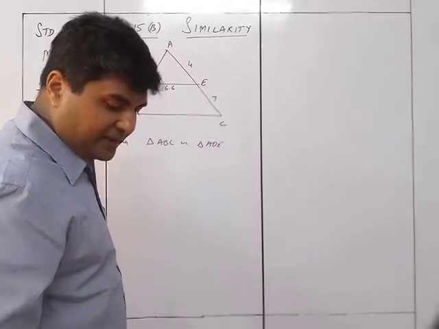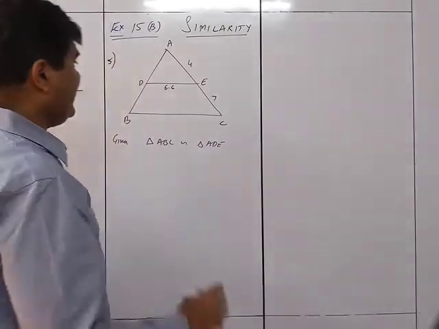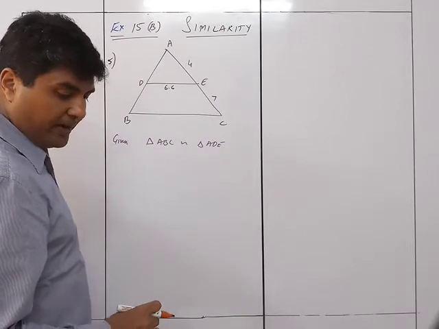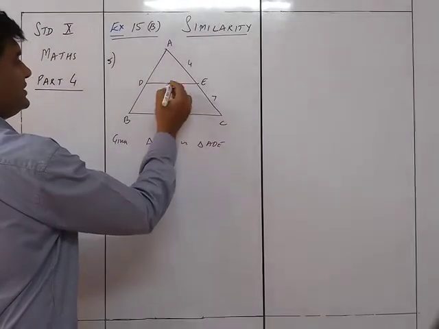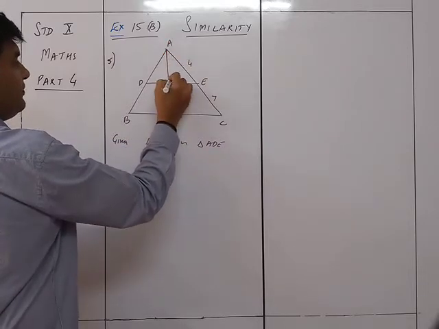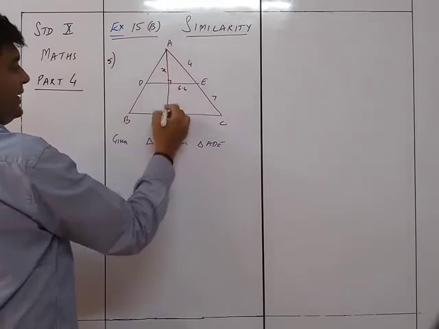If x be the length of the perpendicular from A on DE, find the length of the perpendicular from A to BC. So this is 6.6, and if I drop a perpendicular like this, and this length is x, I need to find out.